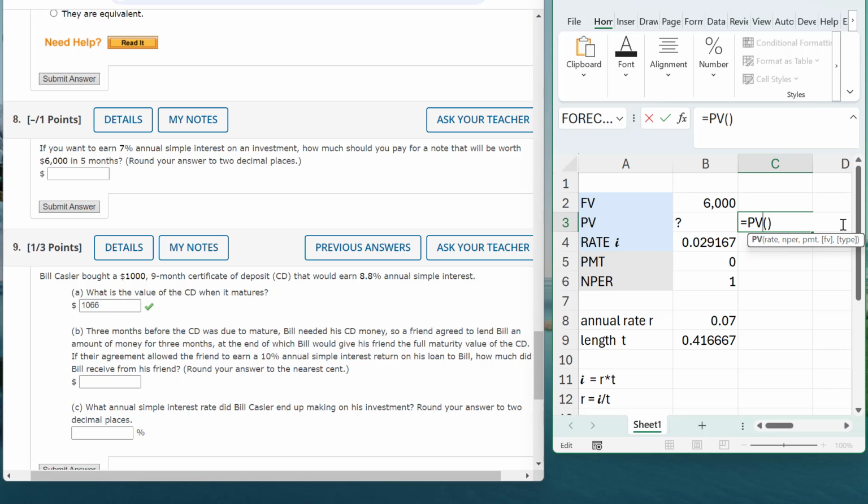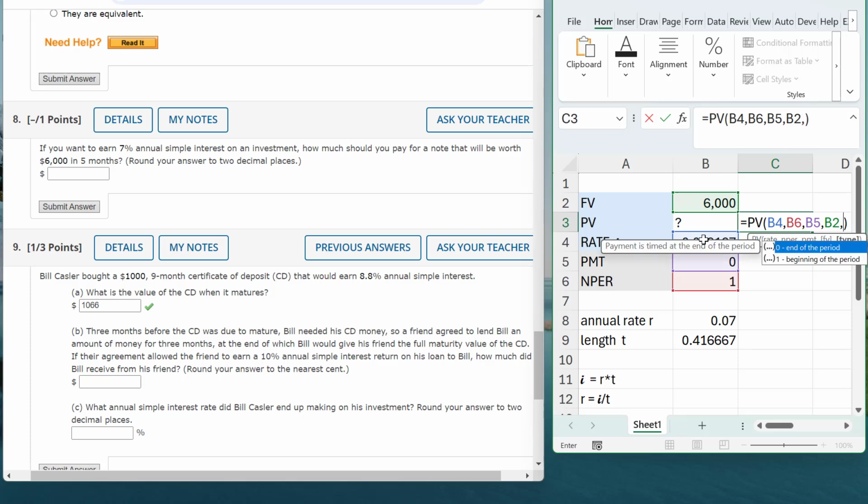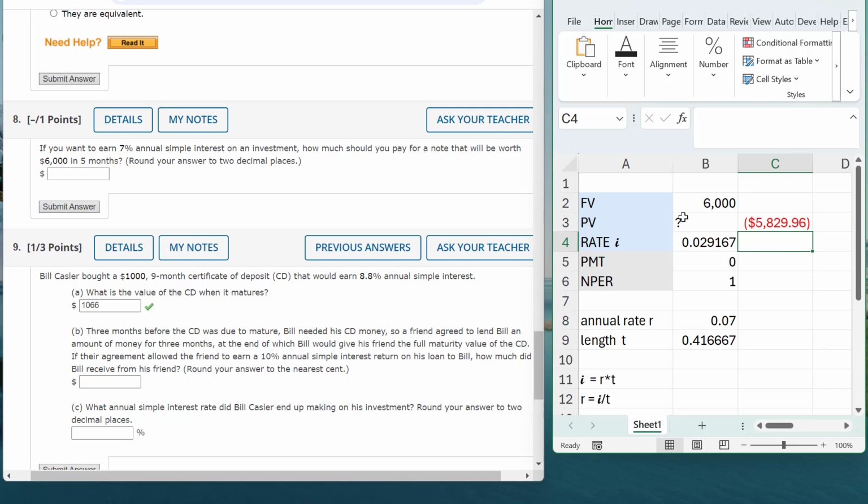Rate 2.9, number of periods 1, payment 0, future value 6,000, ignore the type. There we go. $5,829.96.